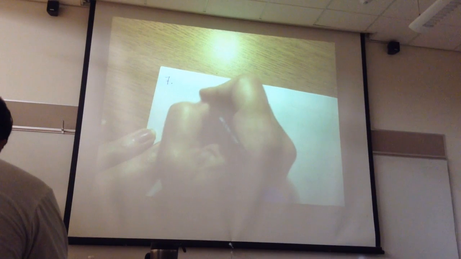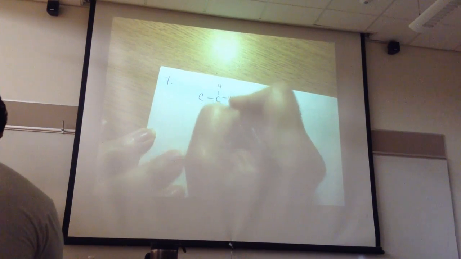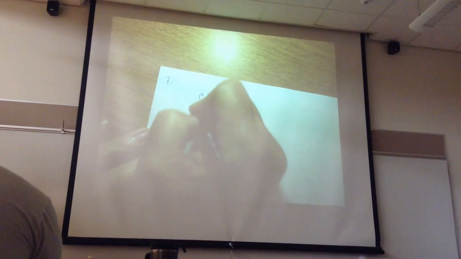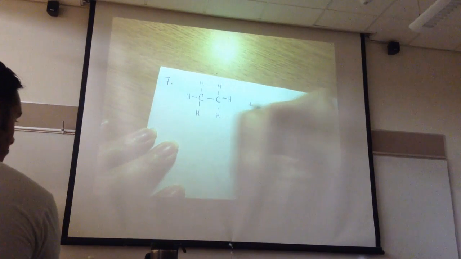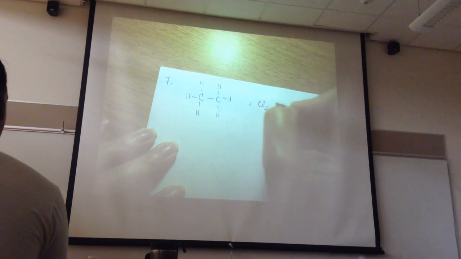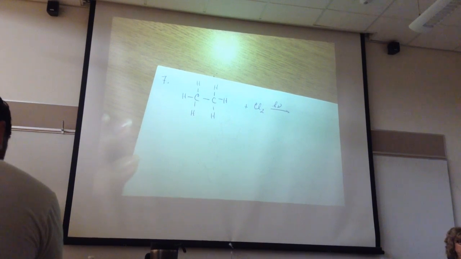Well, if you have ethane, and you're gonna do a free radical halogenation of this, with the chlorine in the presence of light, we know all the steps of the mechanism, right? What are the steps?